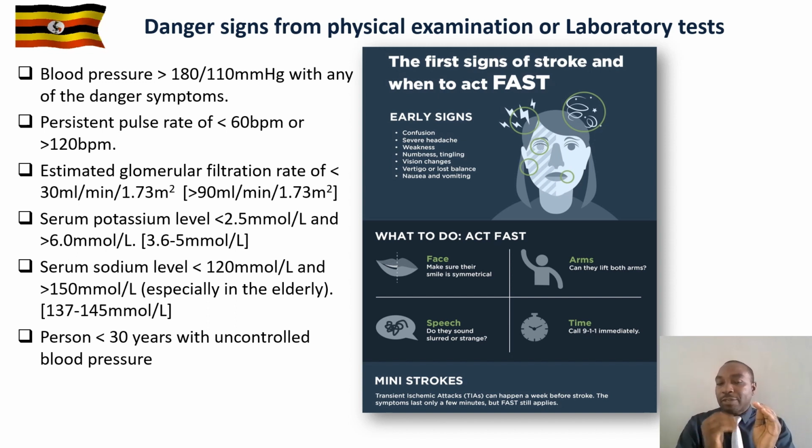So there's a rate at which the blood should flow through that filter as urine is being formed. The normal glomerular filtration rate should be above 90 mils per minute, 90 mils of blood filtered per minute per 1.73 square meters. That 1.73 square meters refers to the body surface area. So if we take your body of an adult and we lay it flat on the floor, it covers an area of 1.73 square meters.